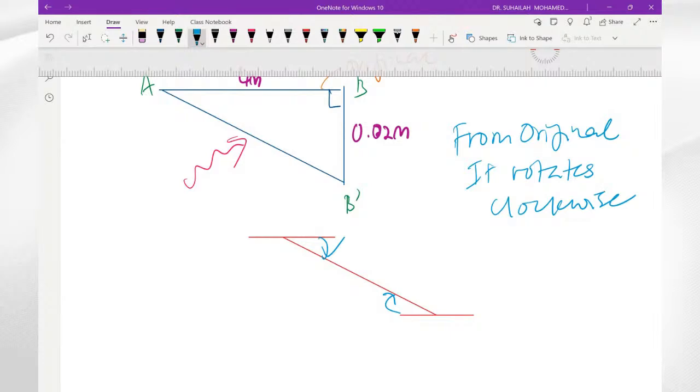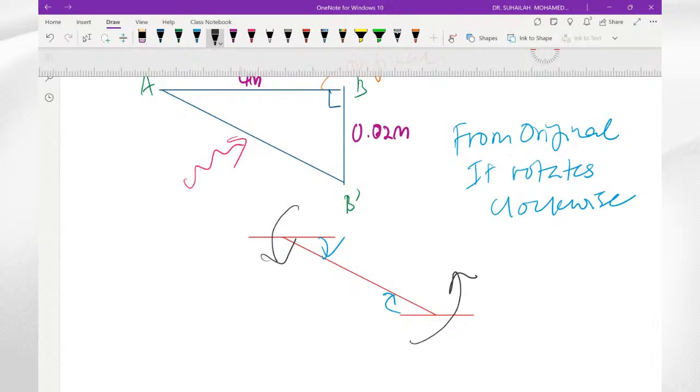So due to this behavior, how will the FEM react to this? Okay, FEM will push back the beam to its original position.